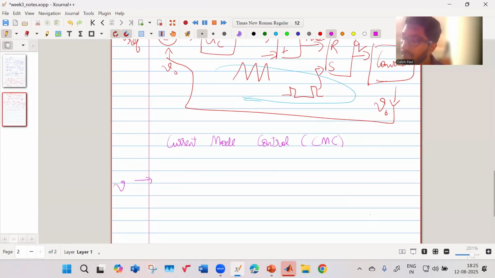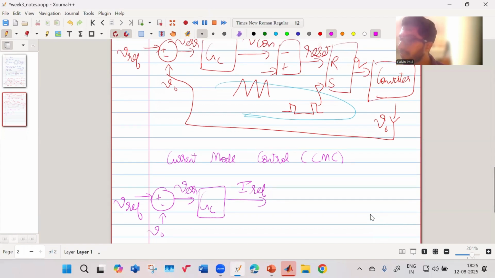Again, we have this reference. It has to be there, because we are regulating the output voltage, so we need to know. This again generates your error, which passes to your controller. Your controller generates your IREF.